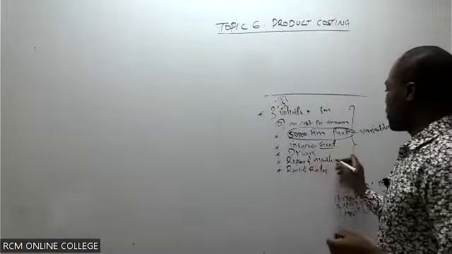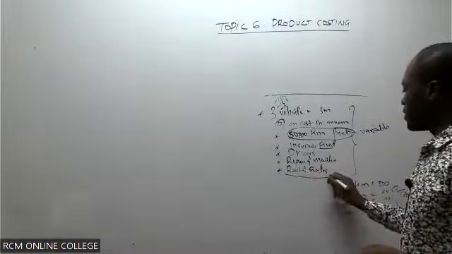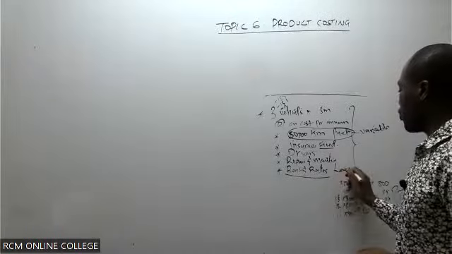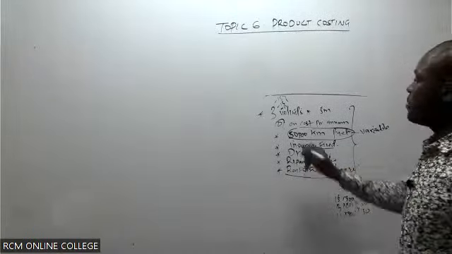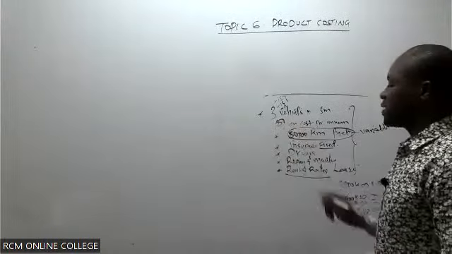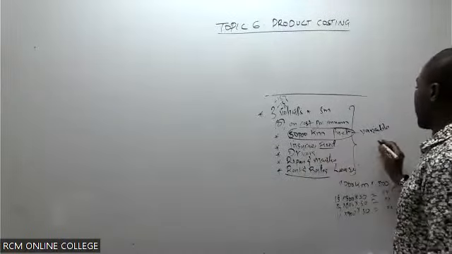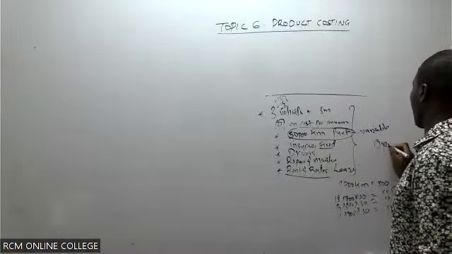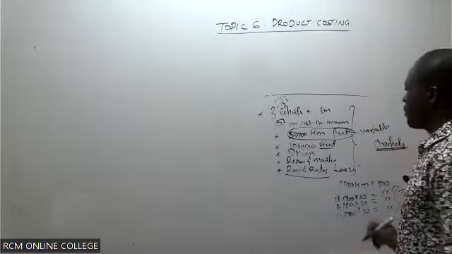Repairs and maintenance, you are going to do a fixed amount, maybe. Rent and rates for the office, maybe you've taken a lease, so you are going to pay a fixed amount for a given period of time. The depreciation here is fixed. So we're going to classify all these fixed costs into overheads.